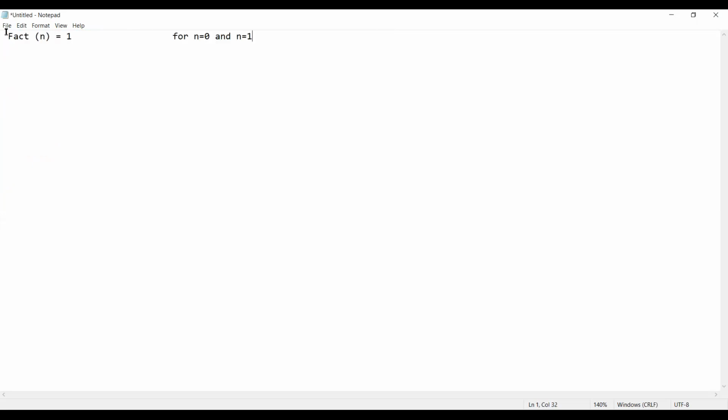So this is the first part according to the base criteria, and the other is equal to n star fact of n minus 1 for n greater than 1. Okay, so this is the condition.